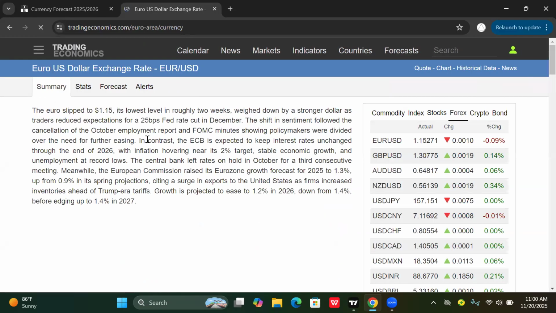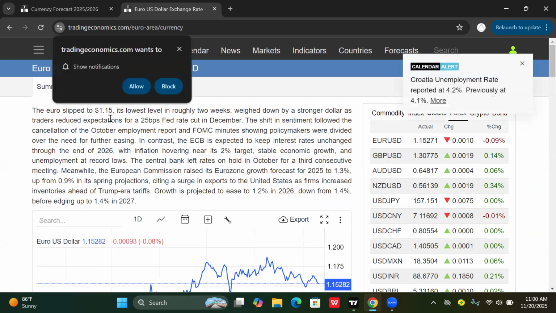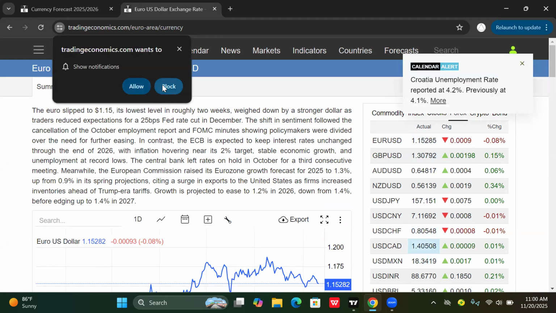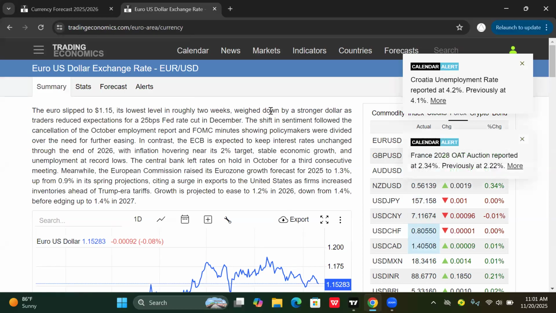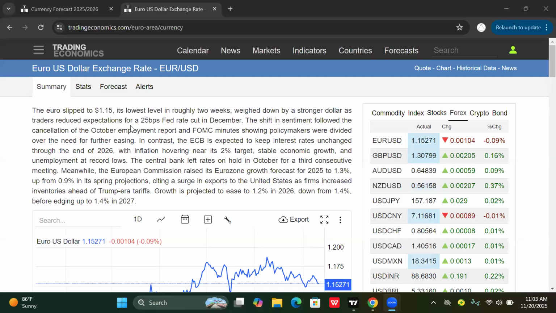For the euro dollar, I personally also said the euro slipped to 1.15, its lowest level in roughly 2 weeks, weighed down by a stronger dollar as traders reduced expectations for a 25 basis point Fed rate cut in December.